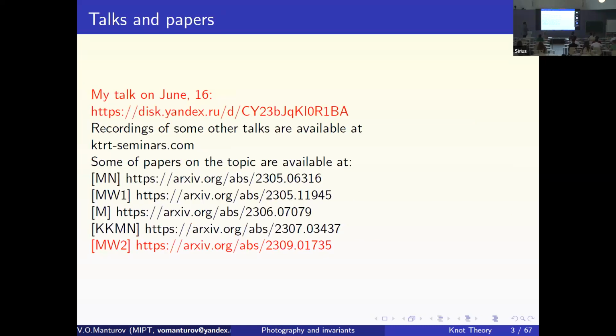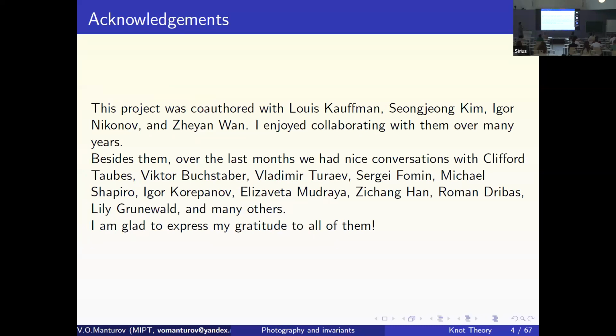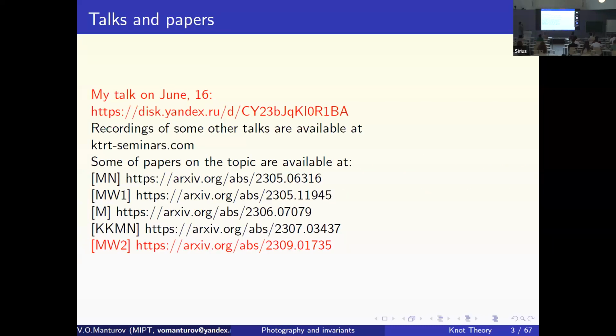Okay, so here are some papers and here are some talks. I gave lots of talks, and maybe a detailed one is my talk on June the 16th. You can see it here, and here are some papers. Talking about the story, I will tell you first about my paper with Igor Nikonov, then my paper with Wang Jian, and then there was a paper with Kauffman, Kim Seongjeong, and Igor Nikonov.